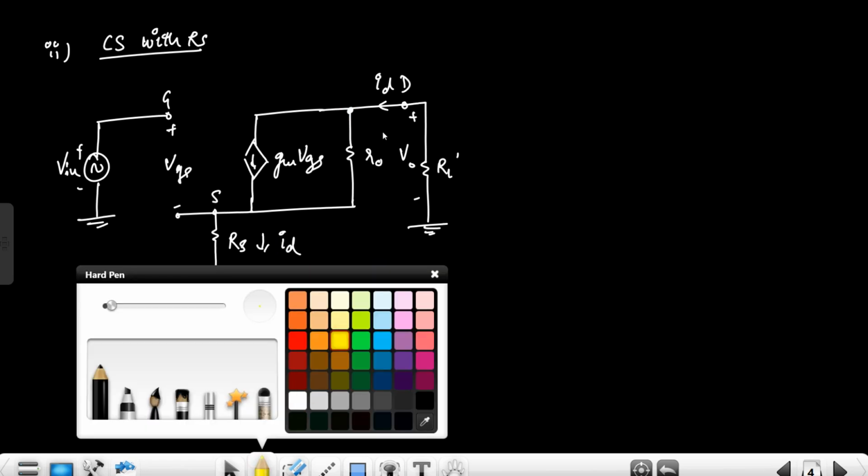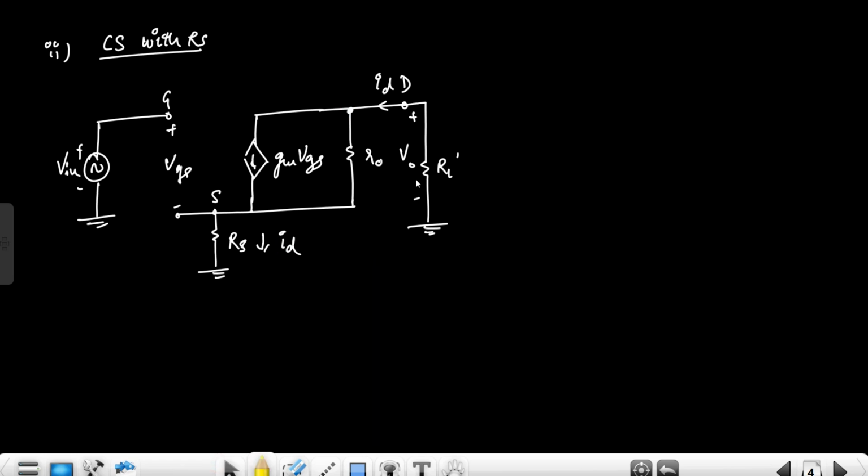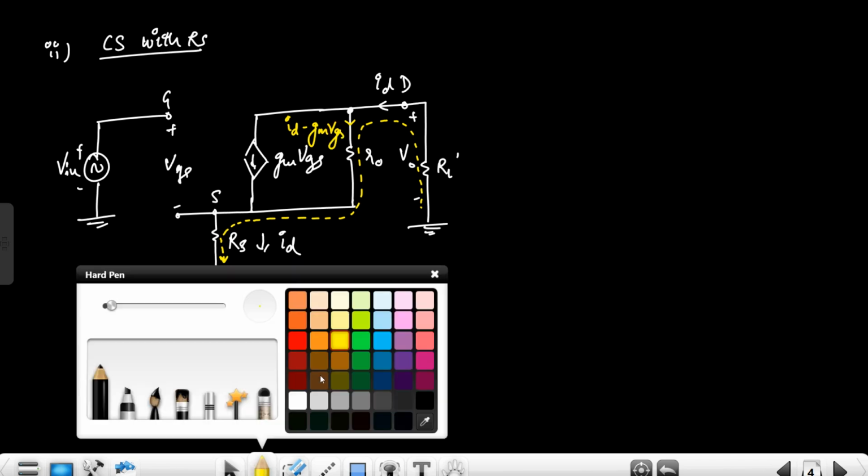We have to go with the KVL only. And along this path, from here to here, start a KVL through this R naught, following this path. So we will apply KVL in this path, and the current flowing in this R naught resistor is ID minus GM VGS, right?